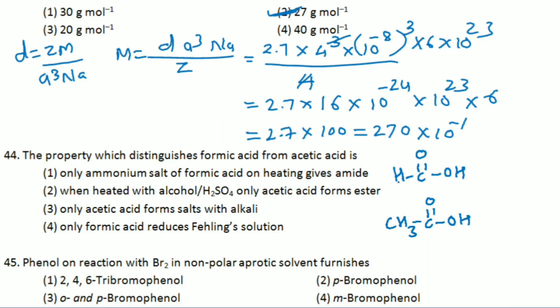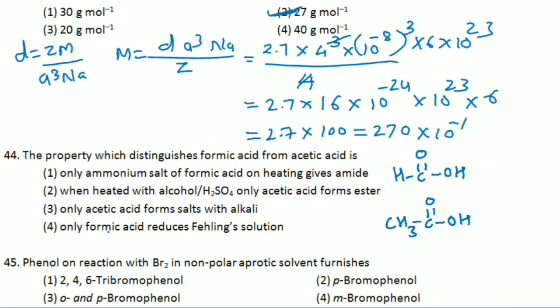It is wrong. Both ammonium salts give rise to amide. When heated with alcohol and H2SO4, only acetic acid forms ester. Wrong, because both have a COOH group, hence both will form ester. Only acetic acid forms salt with alkali. Wrong, because this can form a sodium salt and this can also form a sodium salt.